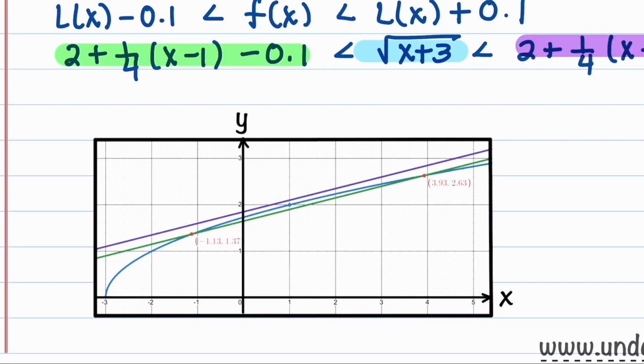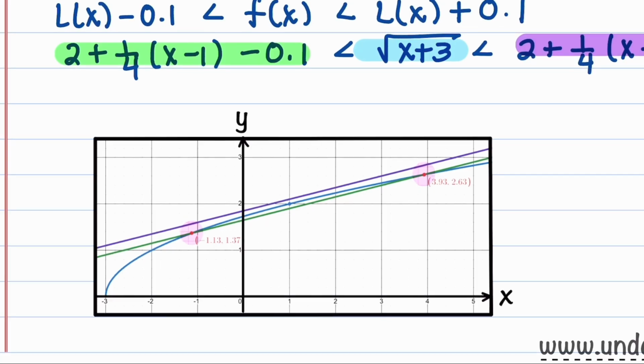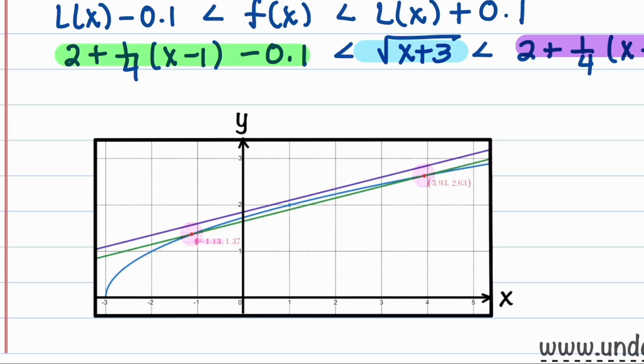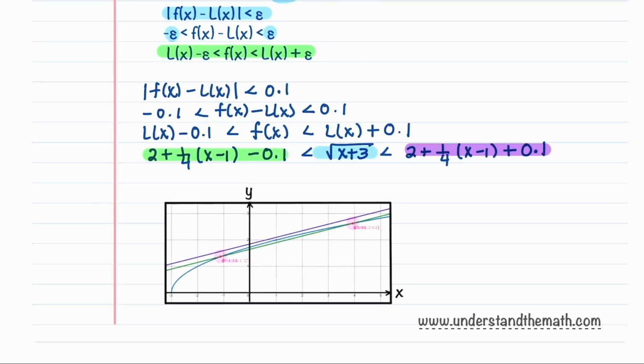I graphed this on Desmos. It's a really great free graphing tool if you want to use it when you do these types of problems. And I found that our linearization intersects our function here and here. So that tells us that our linearization is going to be accurate to within 0.1 when x is between minus 1.13 and 3.93.